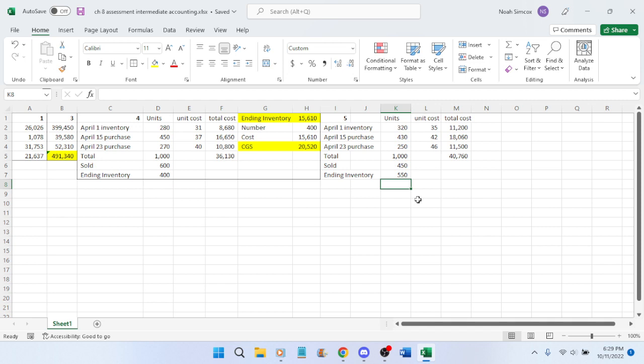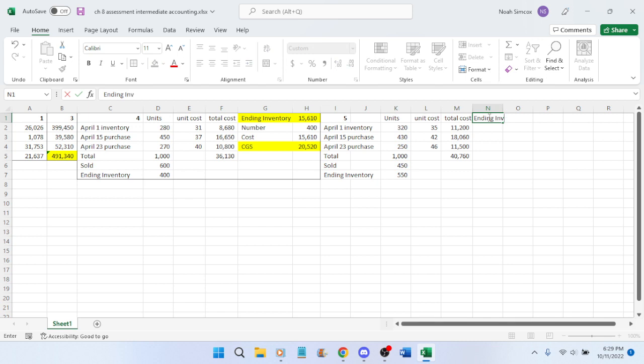Okay. Now we are going to calculate ending inventory cost and cost of goods sold. So the ending inventory cost. They have 550. With LIFO, you start at the beginning because it's ending inventory.